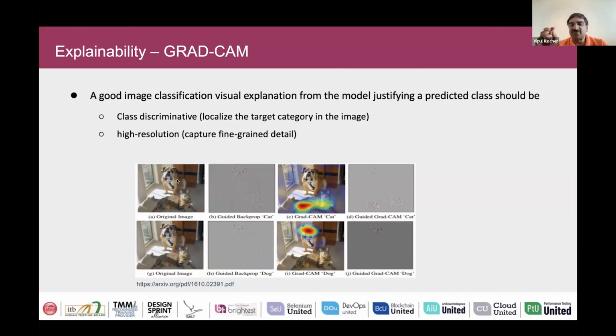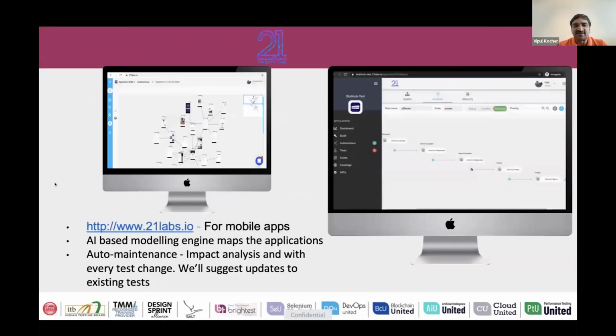Now, if you are satisfied with this information, you know the model is behaving correctly. Otherwise, let's say it is because of the blue colored or the black stripe that you see on the dog, which helped mark it as a dog, you would clearly know that this is incorrect. There is something problematic here. So this is an example of explainability. A lot of different explainability methods are there.